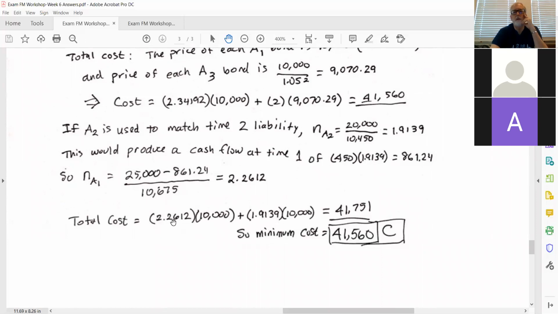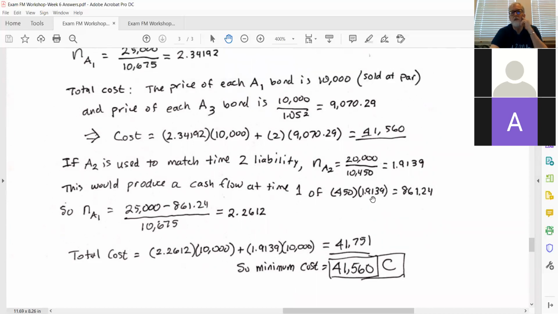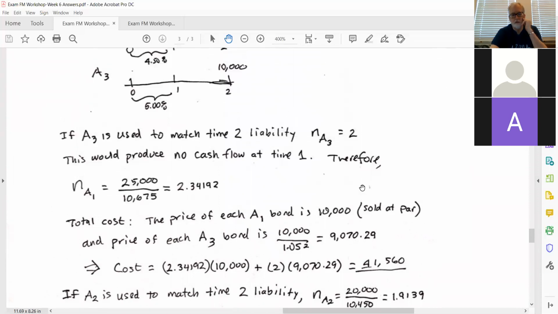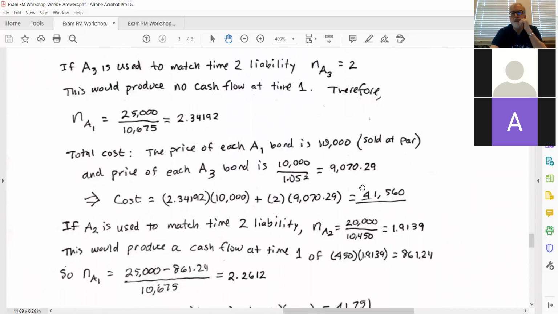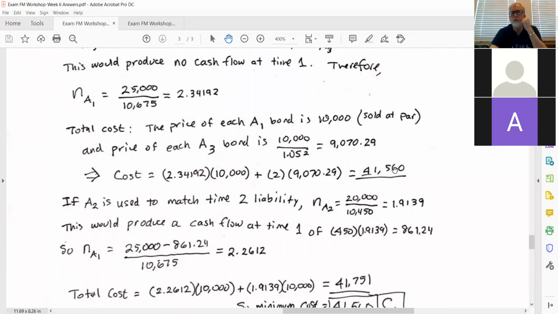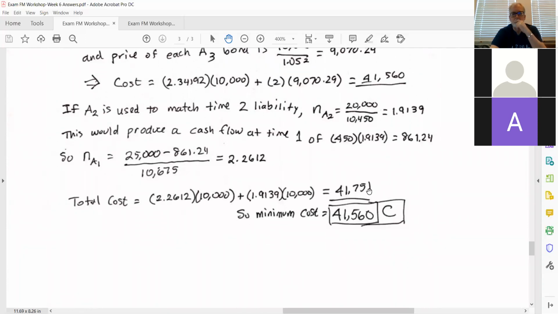So here's the cost of the 1-year bond times 2.26, the cost of a 2-year bond times 1.93, and you get a total cost of 41,751. And so the smallest, it says what's the smallest amount? It would be this one, 41,560.